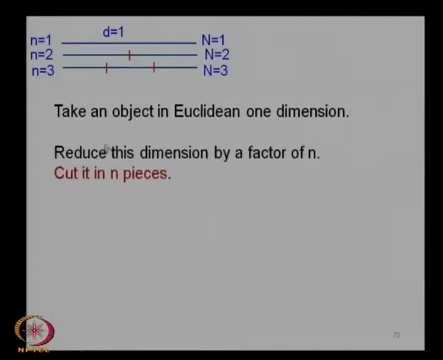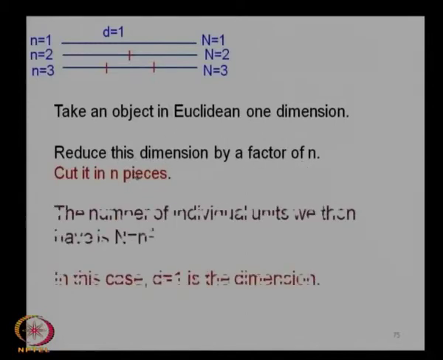So, essentially what you are doing is you reduce this dimension by a factor n, you cut it into n pieces, and the number of individual units, the number of pieces that you get, is given by small n to the power d, where d is the dimension. In this case d is equal to 1, so capital N is equal to small n, but their meanings are different.